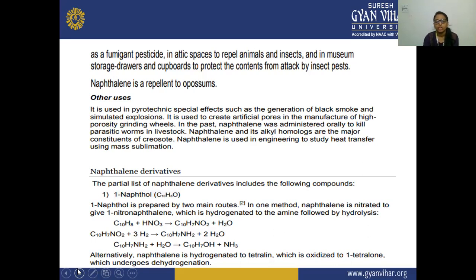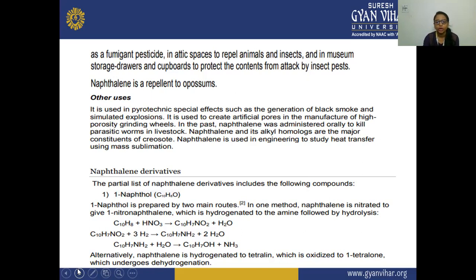So this is naphthalene, and with nitric acid it is nitrated, forming nitronaphthalene. This nitronaphthalene is hydrogenated to the amine, and then hydrolysis of this amine occurs, forming 1-naphthol.